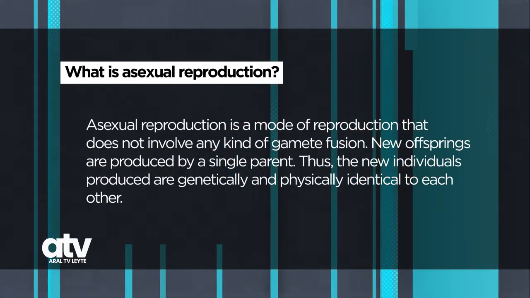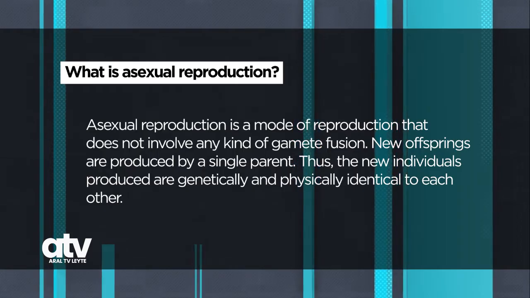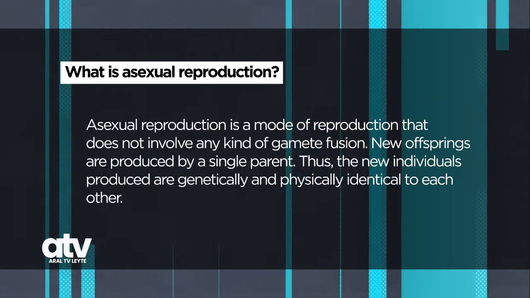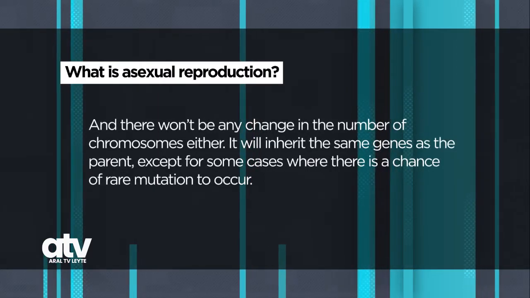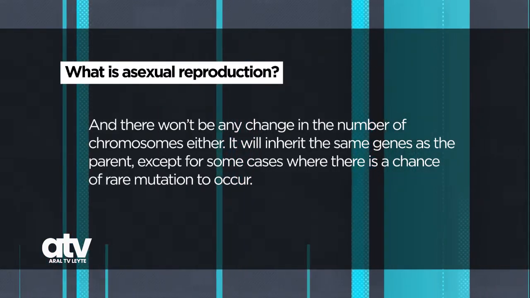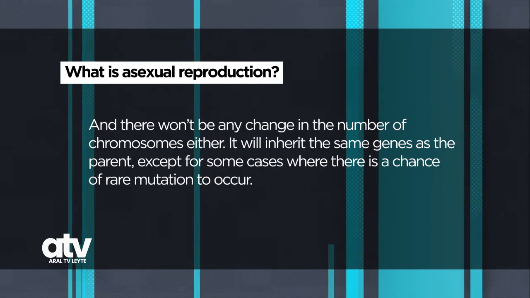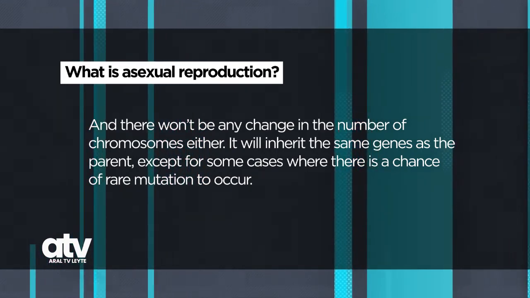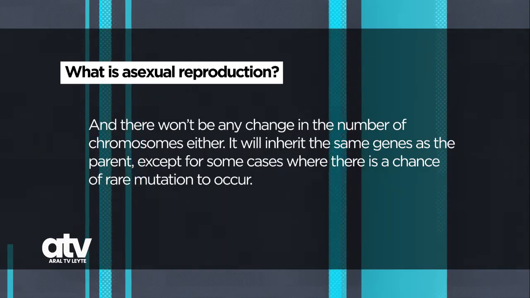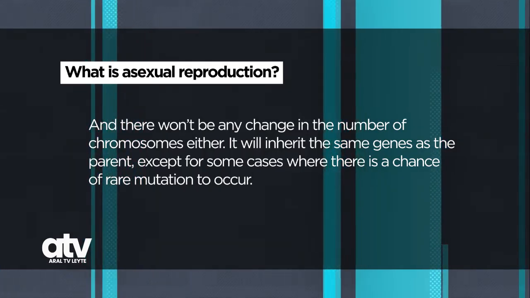Thus, the new individuals produced are genetically and physically identical to each other. And there won't be any change in the number of chromosomes either. It will inherit the same genes as the parent, except for some cases where there is a chance of rare mutation to occur.